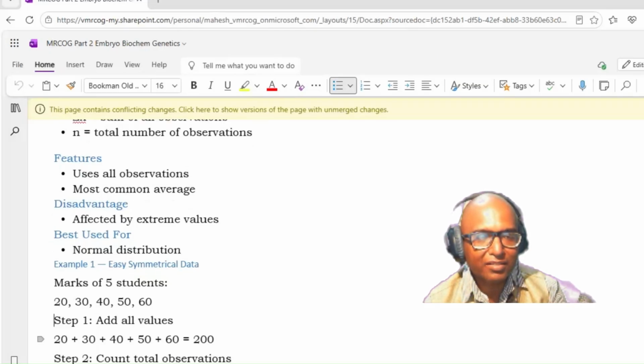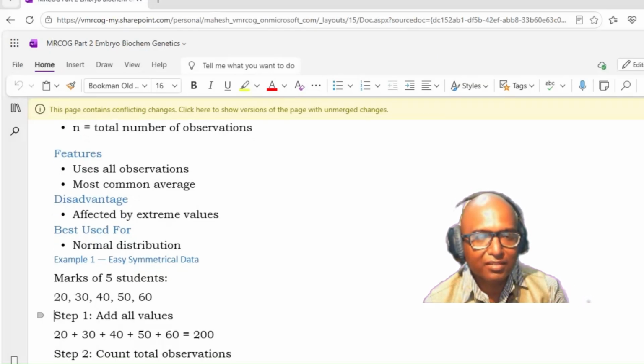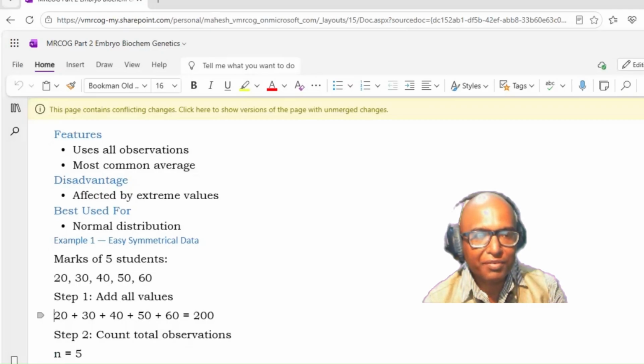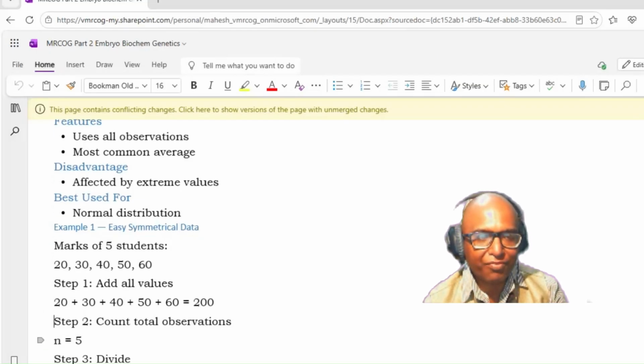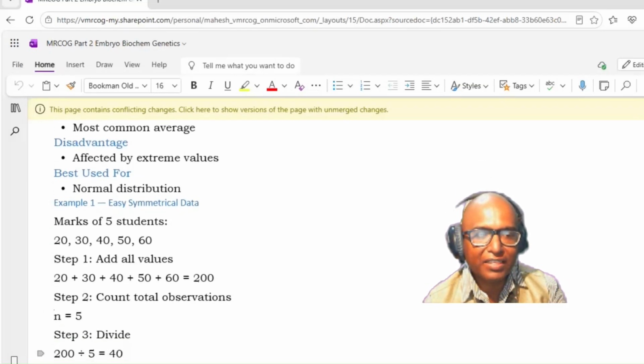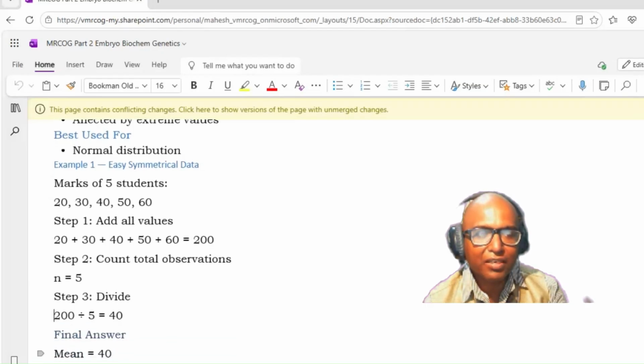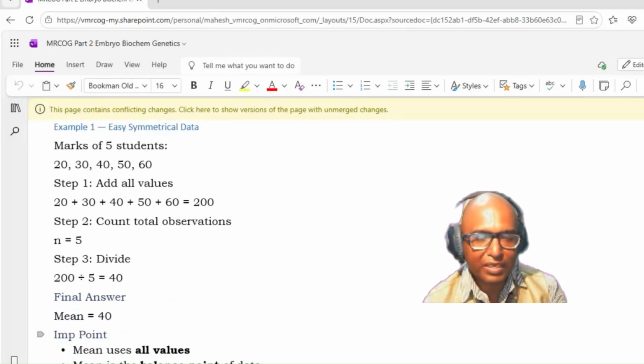What is the mean? 40. So we will add all observations 20, 30, 40, 50, 60, that is 200. Then total observations are 5. So we will divide 200 by 5, that will be 40. So this is the arithmetic mean, and such types of calculations will be given.